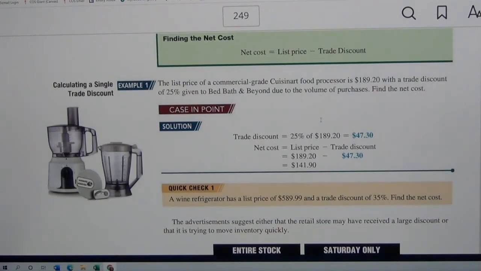As an example here, we have the list price of a commercial grade Cuisinart food processor. I think I said that right. The list price is $189.20. But there is a trade discount of 25% given to Bed Bath & Beyond due to the volume of purchases. All right, so find the net cost.